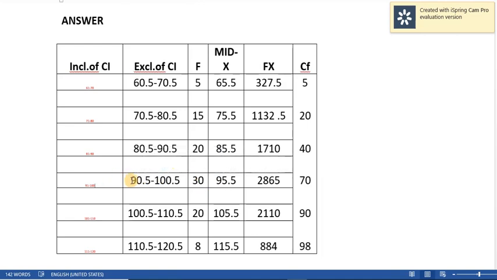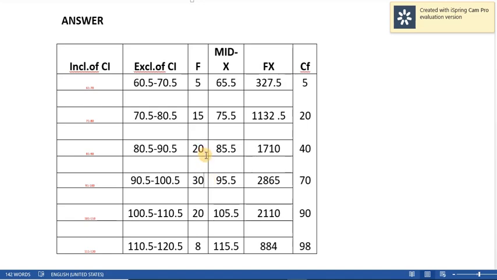Before that, the formula: mode is denoted by Z is equal to L plus (F1 minus F naught) divided by (2 F1 minus F naught minus F2), into I. Here F1 is the frequency of the modal class, this is 30.